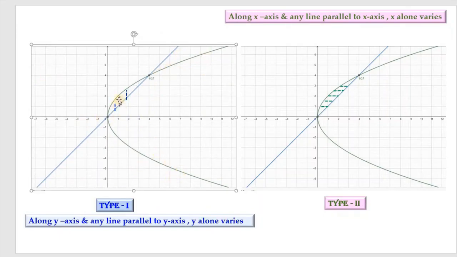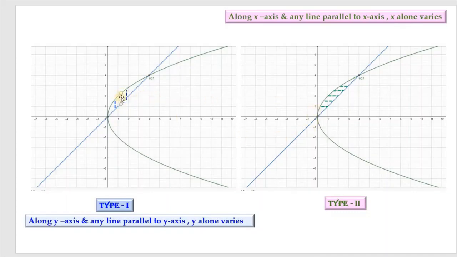And here, again, how the limits are given for covering the region is explained. You can draw lines parallel to the y-axis. Here the initial point is a point on the line, and the end point is a point on the parabola. Right now, just know where the initial point lies and where the end point lies.